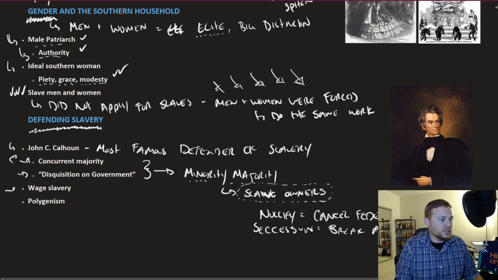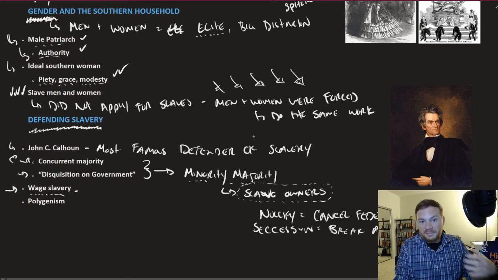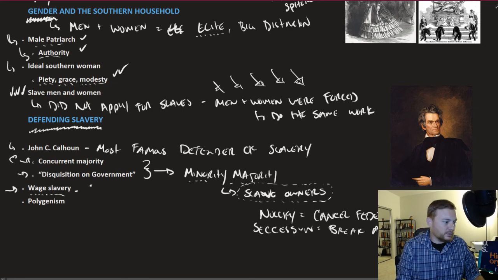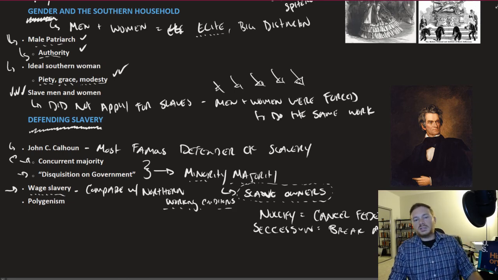Other arguments contrasted it with the North, right? So we might say that one way that Southerners argued in favor of slavery was to compare it with Northern working conditions, right? You know, working conditions in Northern factories weren't pleasant.